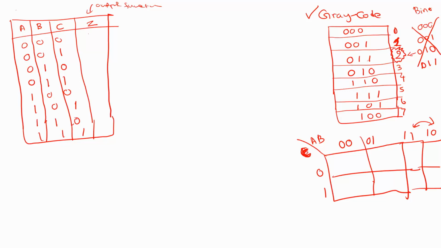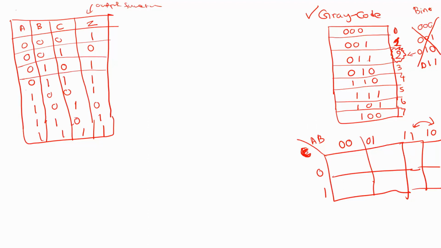Okay. 1 0 1 1. 0 1 1. Okay. So this is how the truth table is.